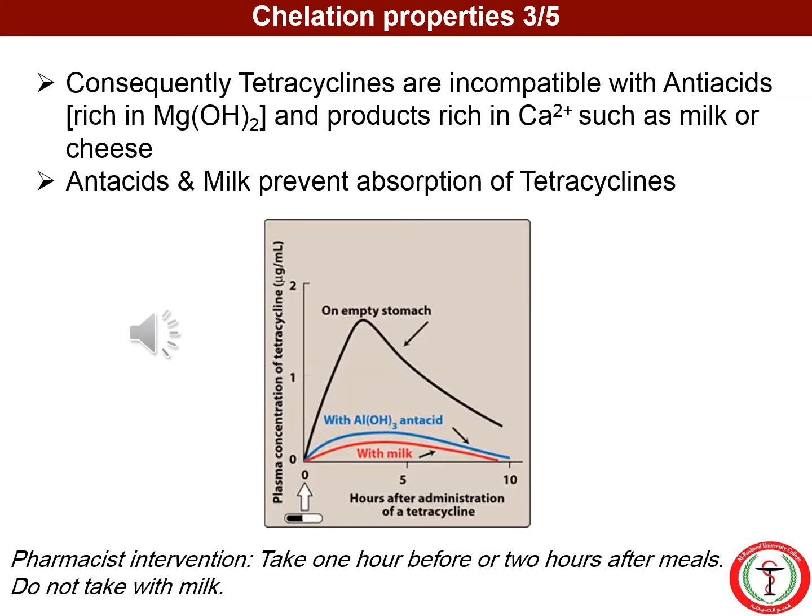This graph shows a great absorption of tetracycline drugs with high plasma concentration when taken on an empty stomach, while the concentration of this drug will be significantly affected when it's taken with milk or antacids.